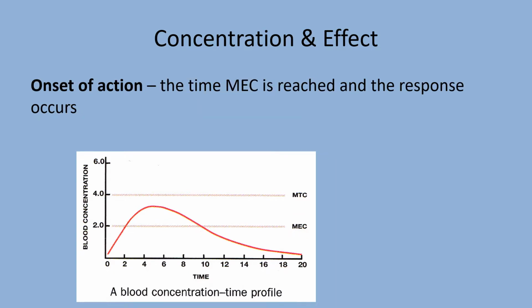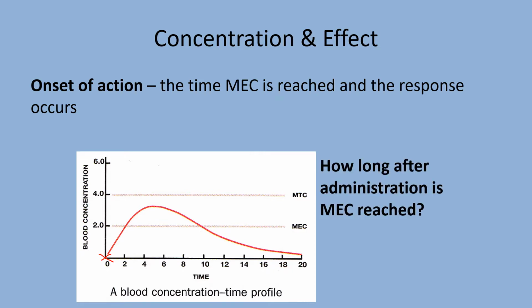Onset of action. So I took the drug here at time 0. It's not working. How long did it take from when I first took the drug to when it starts to work? That's the onset of action. It took from here to here. So yeah, 2 hours, whatever it is. 2 hours for the drug to start working.